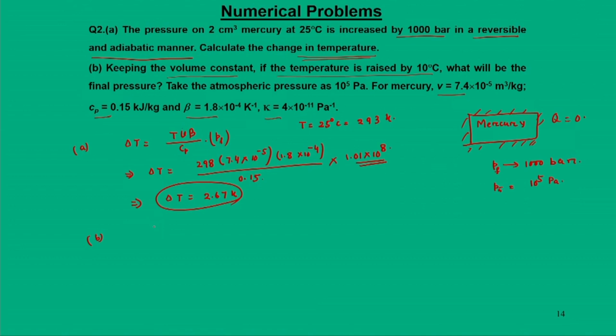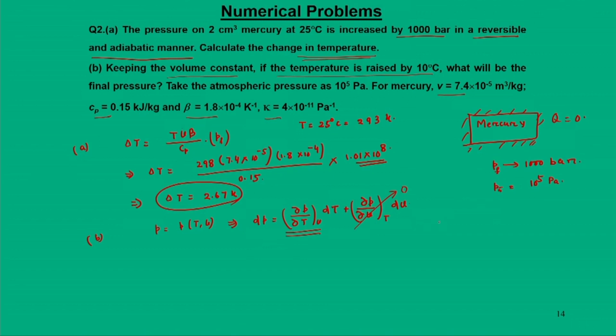So, we can say if P is a function of temperature and volume, then dP is equal to (dou P by dou T) at constant volume dT plus (dou P by dou V) at T into dV. Here we say keeping volume constant, so this term goes to 0.